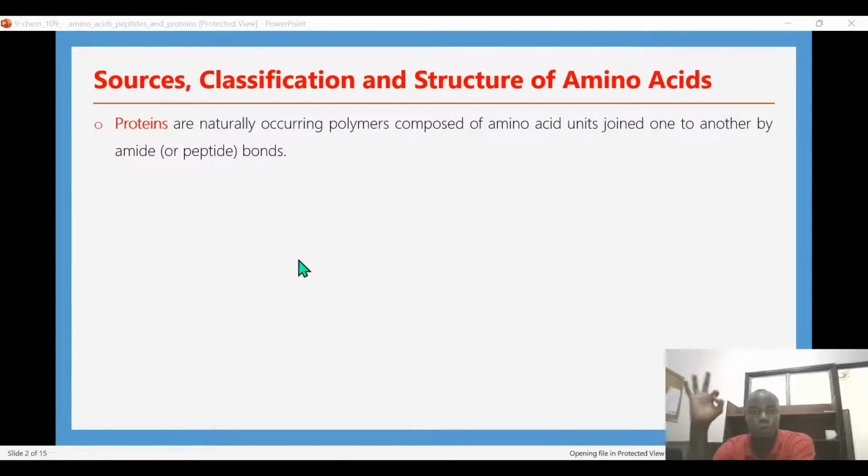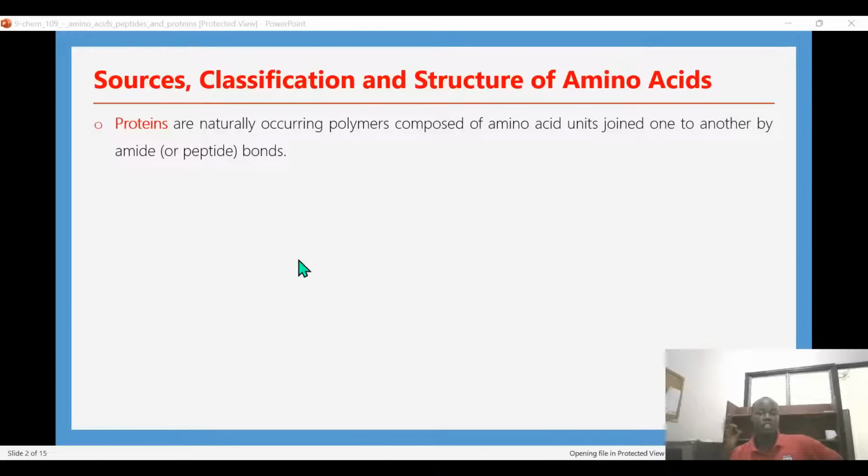When you say building blocks, it means that a protein is like a building, and in that building you have the blocks that are needed to make it. The blocks used in constructing the house, which is the protein, are the amino acids. So you need the amino acids to build a protein.